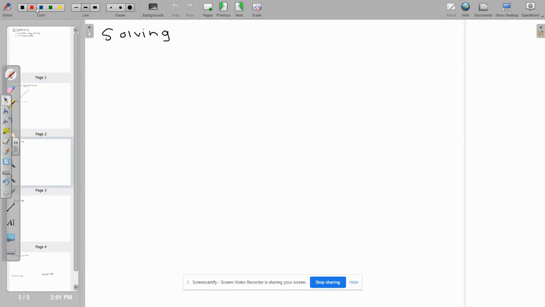So for thinking about solving, we can just come up with any examples that we want to use. So if I have something like y minus 7 equals 2x plus 4. Obviously, we're going to be going more in depth later in the unit about how we're actually going to be solving for this.